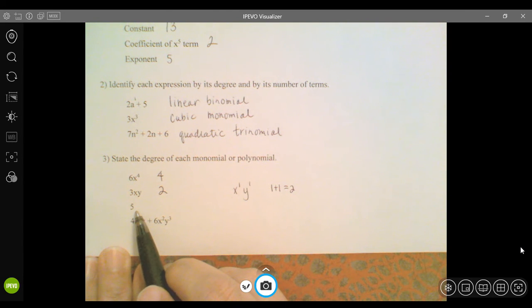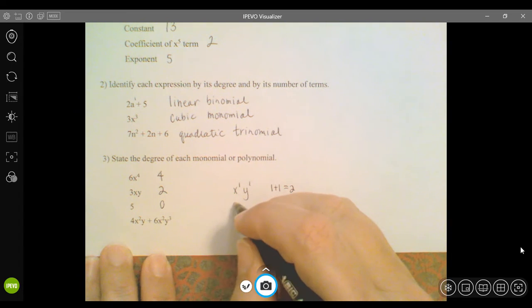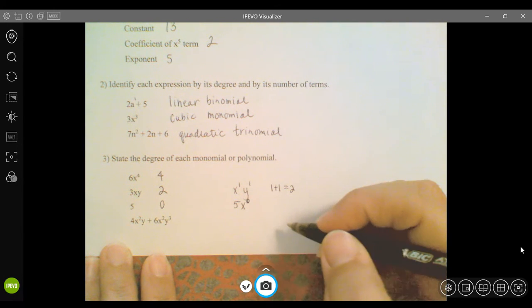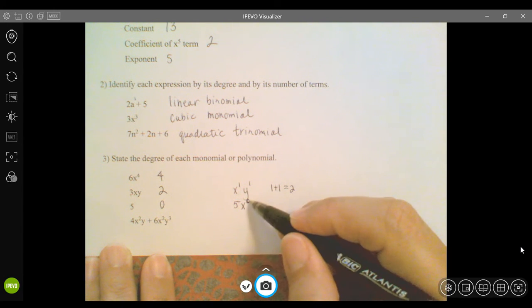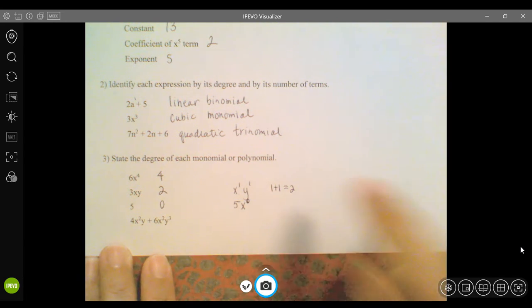How many variables do you see here? None. All right, remember your exponent rules from 8th grade? It's really x to the 0. Remember, anything to the 0 power is 1, so you can basically drop the variable.